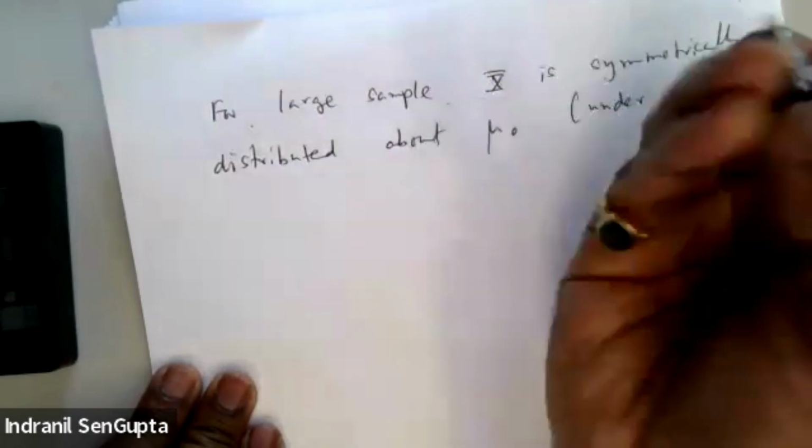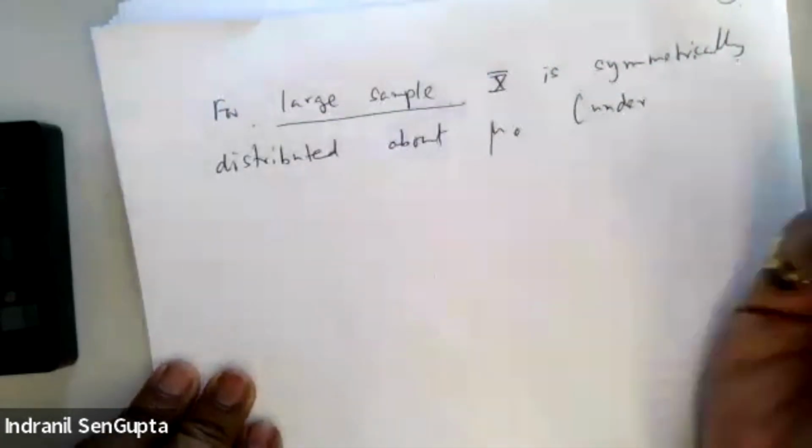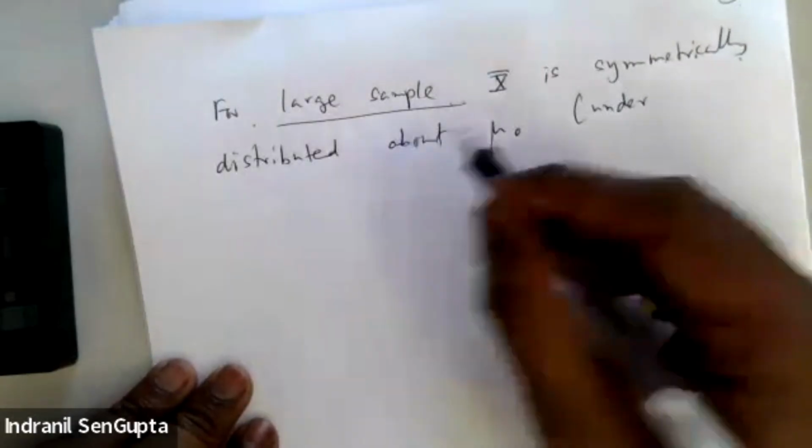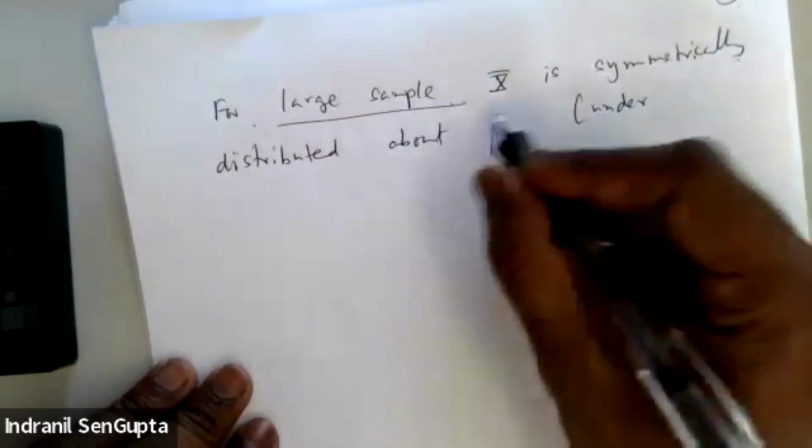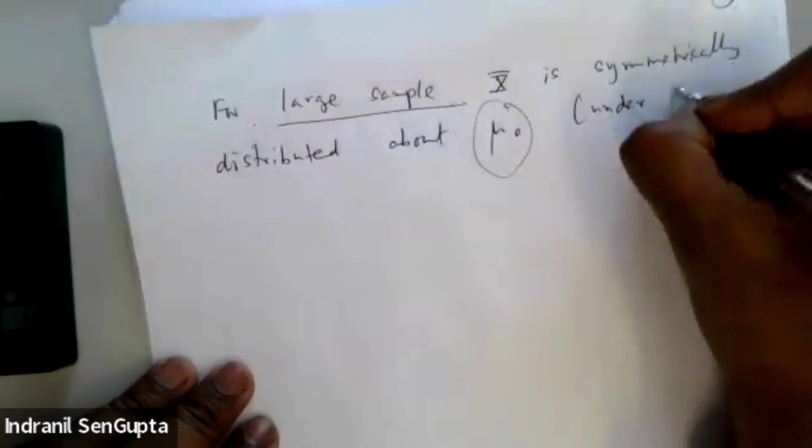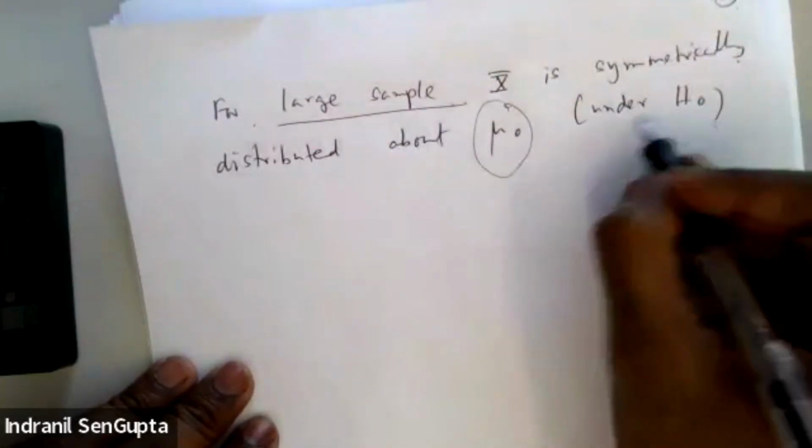Why? Because for a large sample, this is basically the normal distribution. So it's symmetrically distributed about mu zero under H0. Okay, because under H0, that's the mean.